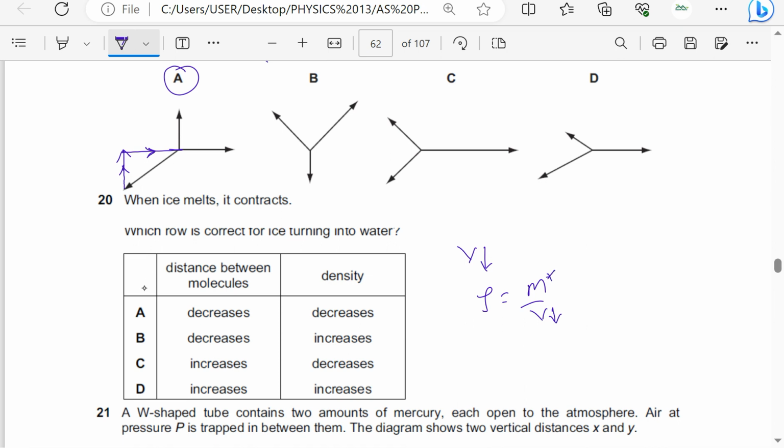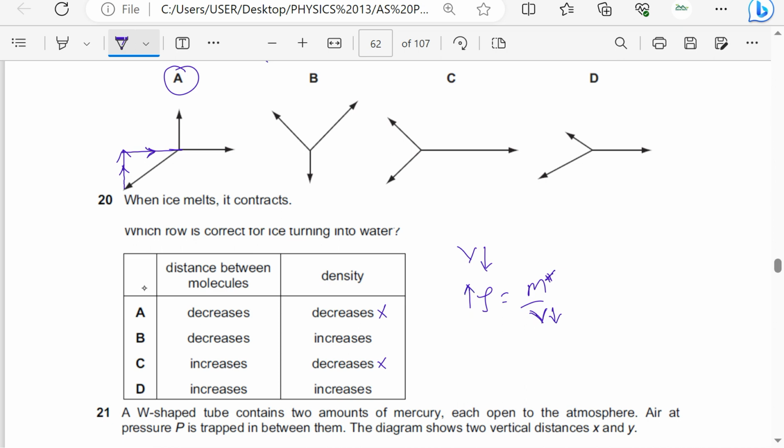The mass has not changed, but the volume has decreased. If the volume decreases, it means the density increases. So we ignore where the density has decreased because the mass is not changing, but it contracts. The volume has decreased, so the density increases.